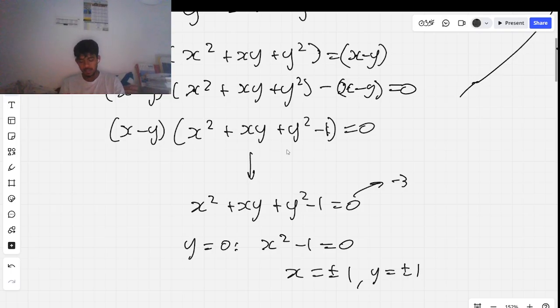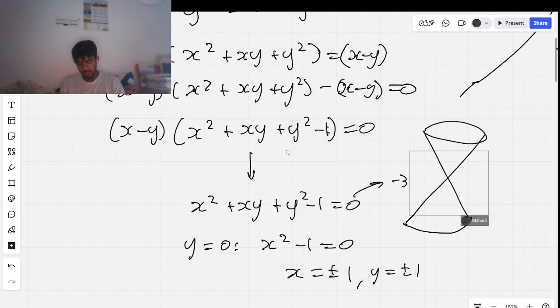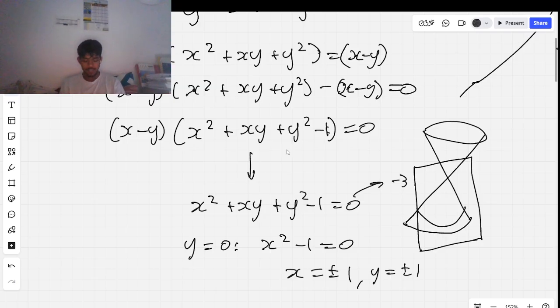So if you think of a cone this way, hopefully my drawing is not awful. If I have a plane and I cut through like this, the shape I'll be making, or at least the cut, is going to be this.